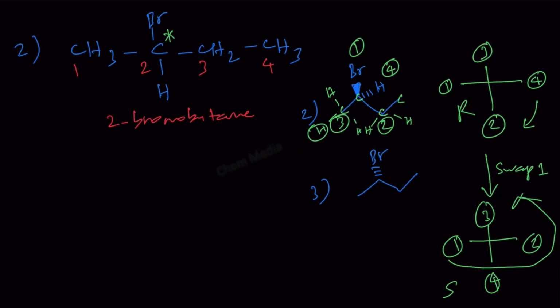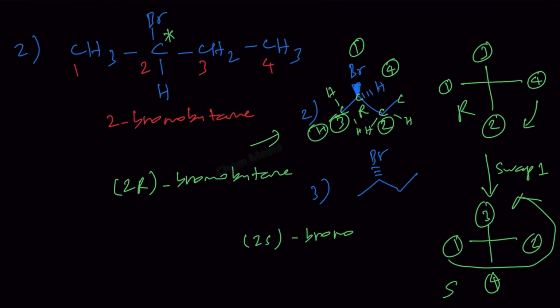So, this is R. Therefore, the correct IUPAC name for this structure, including absolute configuration, is (2R)-2-bromobutane, and we have to write the 2R in parentheses. Since this one is R, the other one has to be S because we have only one chiral carbon. So, this is (2S)-2-bromobutane, and 2 and 3 are enantiomers, mirror images that are not superimposable.